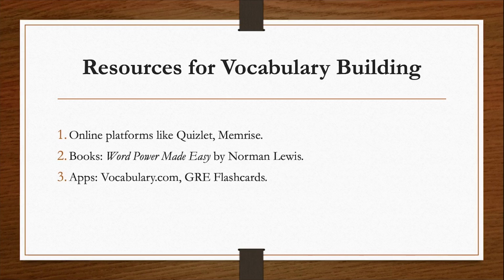The book is considered one of the best when it comes to students preparing for any exam that evaluates their linguistic aptitude. Even for the students of CAT and other competitive exams, the book is highly recommended. And some apps like vocabulary.com and GRE flashcards actually help you greatly.